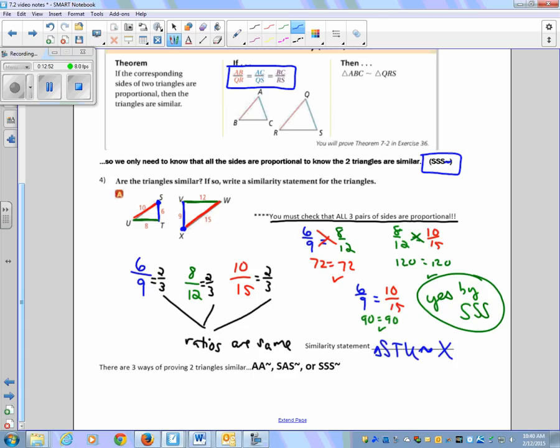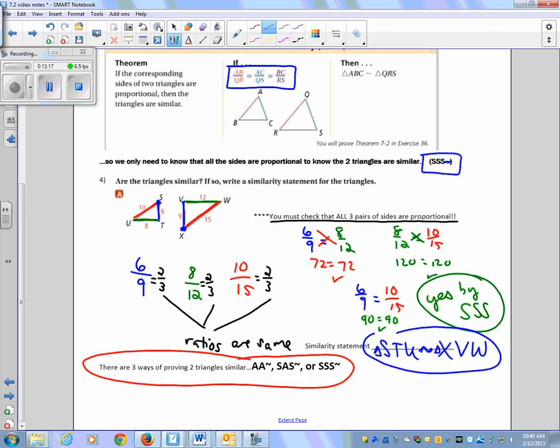Okay, so S goes with X, and then T goes with between blue and green, so V. So XVW is going to be my corresponding order. Triangle XVW. Okay. So the 3 ways of proving triangles similar are AA similarity, SAS similarity, or SSS similarity.